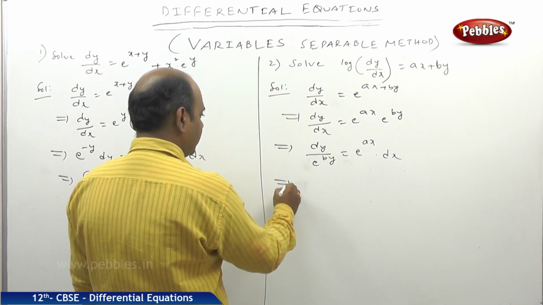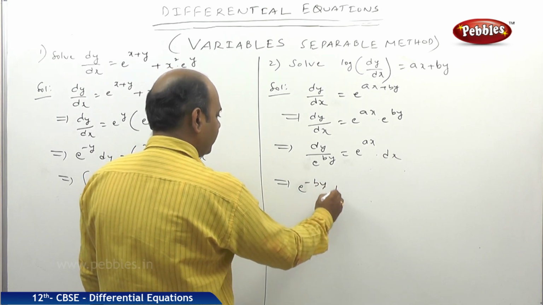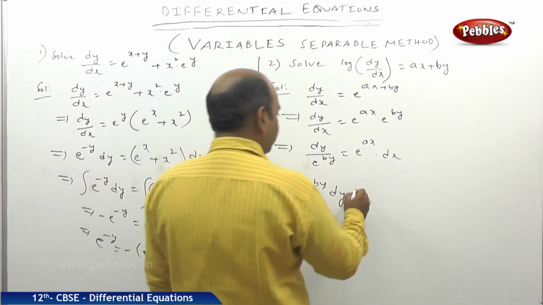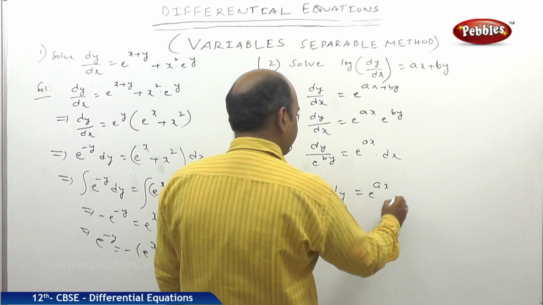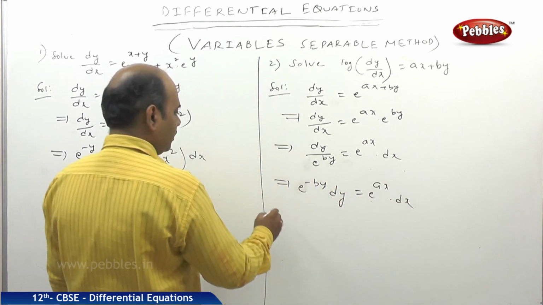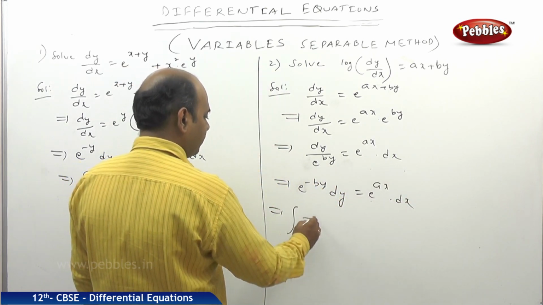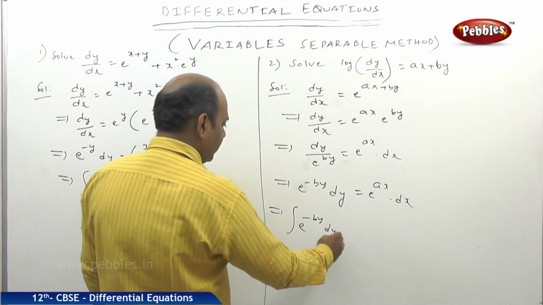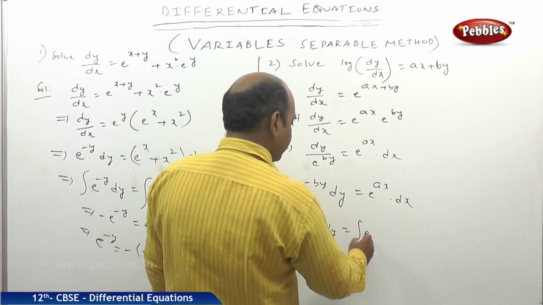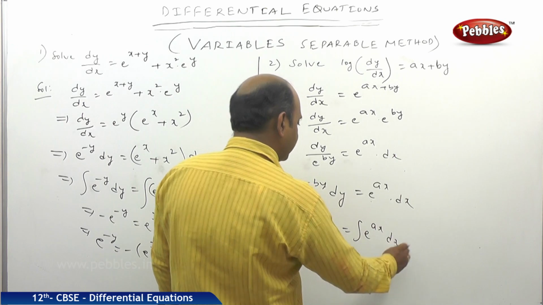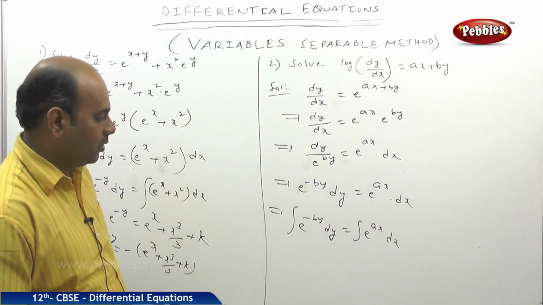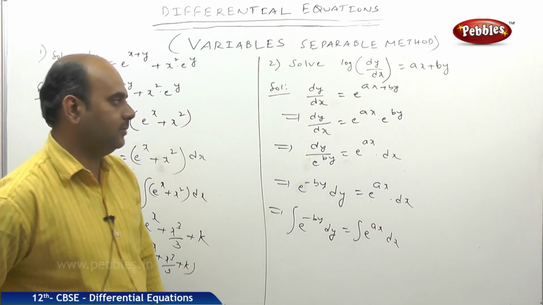That implies e power minus by into dy is equal to e power ax into dx. Then integral of e power minus by dy is equal to integral of e power ax dx.